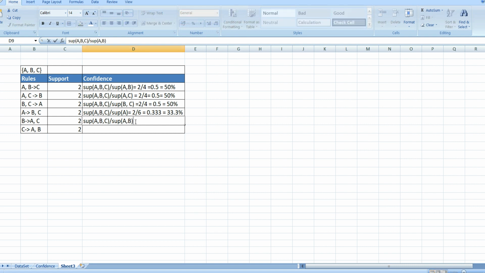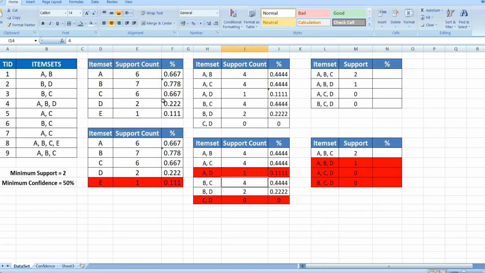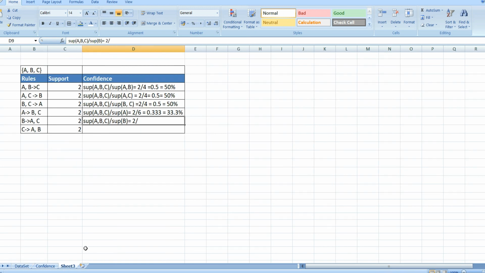We do the same for the next item set or the row, and this gives us a result of 2 divided by, we go and check for B, and B is a 7 from this one item set. So we get a 7, and then this gives us a result of 0.28571, which gives us a percentage of something close to 29.